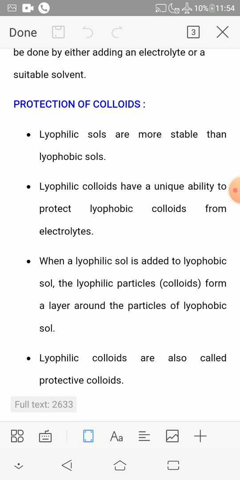When a lyophilic sol is added to a lyophobic sol, the lyophilic particles form a layer around the particles of the lyophobic sol, so the lyophilic sol protects the lyophobic sol.